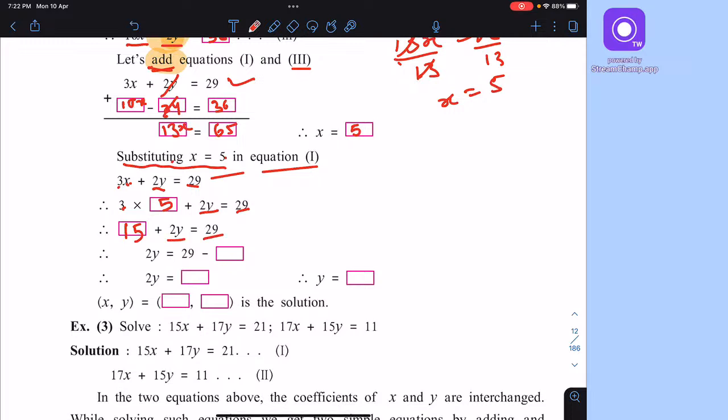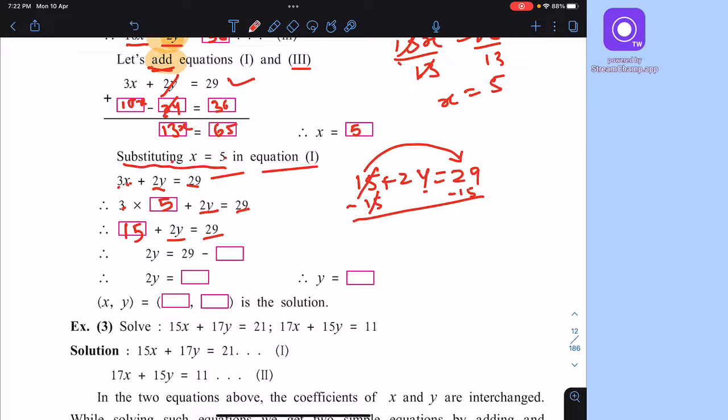Now 15 plus 2y is equal to 29. We want the value of y. So what is other than y, we have to transpose. Here 15 is other than y, so you can transpose it to that side. Here it is plus, it will become minus. Or you can say subtracting 15 from both sides. This is also the same. How you look at it is up to you. If you subtract 15 from both sides, this 15 gets cut.